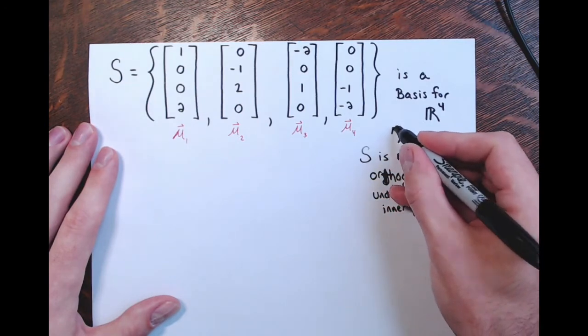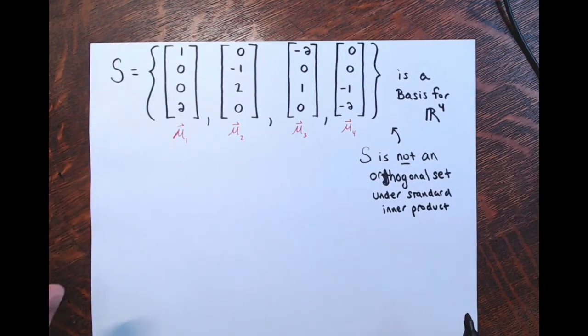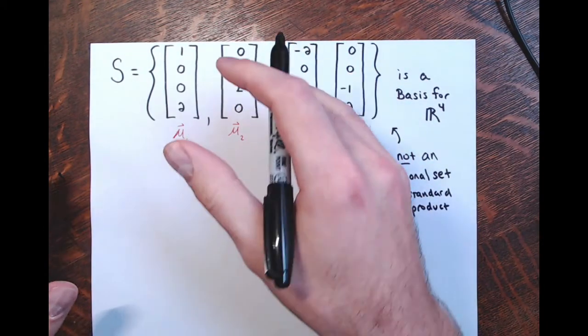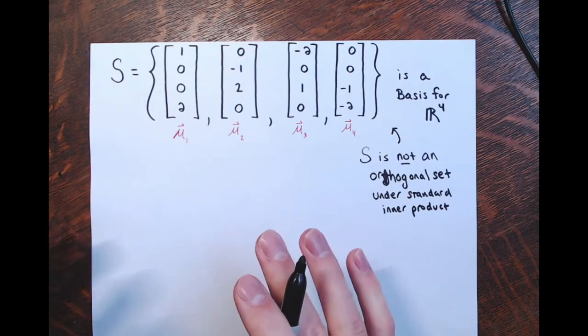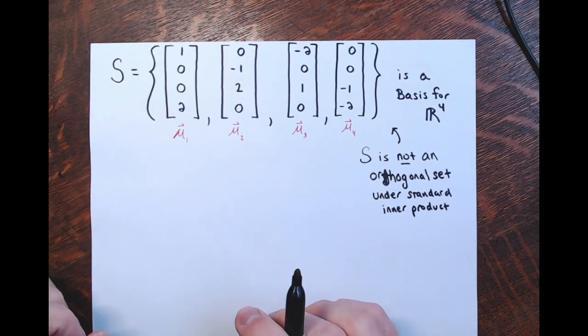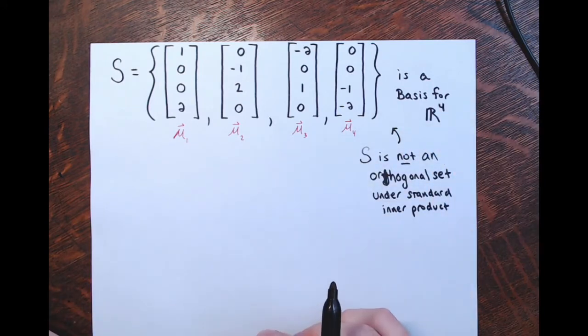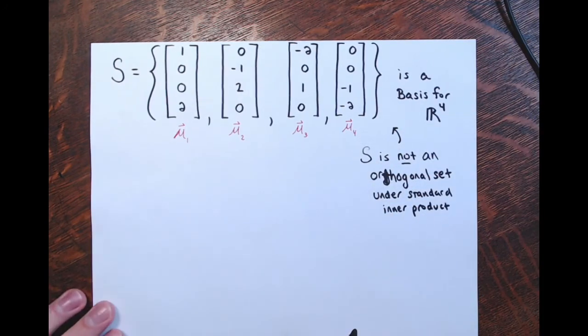So what I would like to do, again, is from this set, construct an orthogonal basis. A new set of 4 vectors that is not only a basis for R4, but is also orthogonal under the dot product.